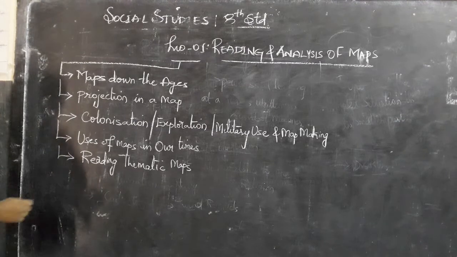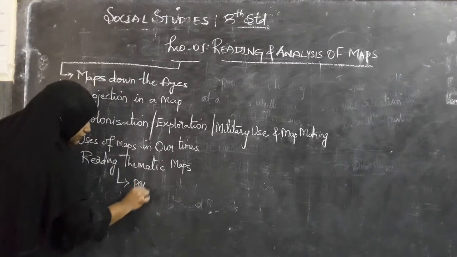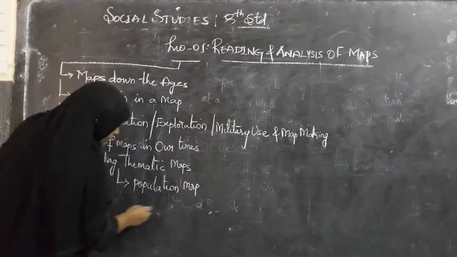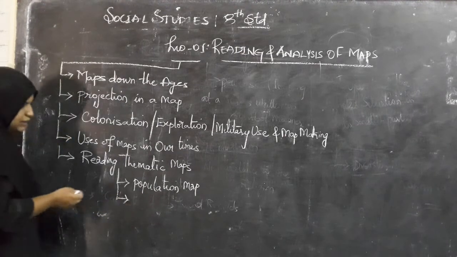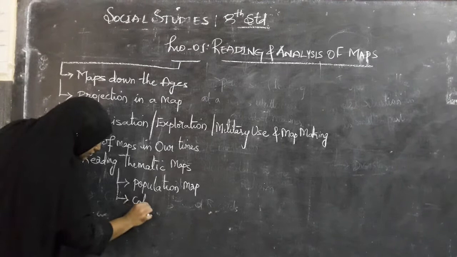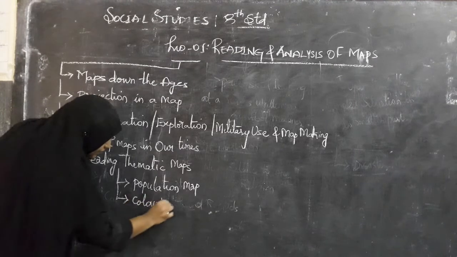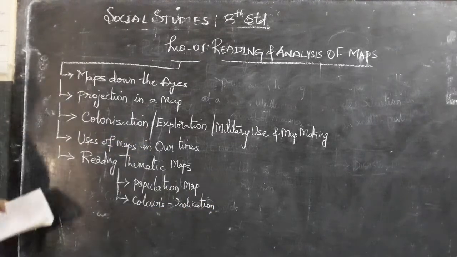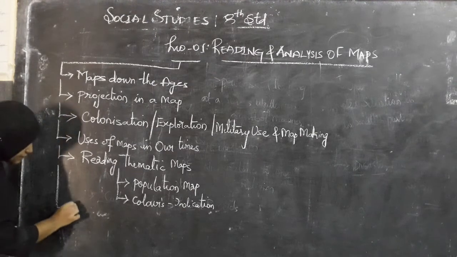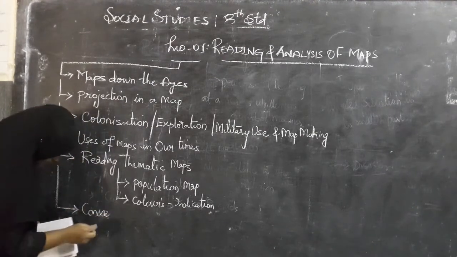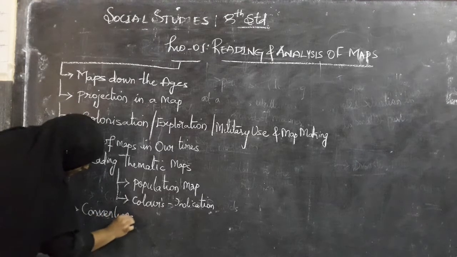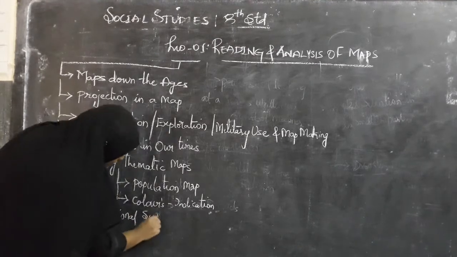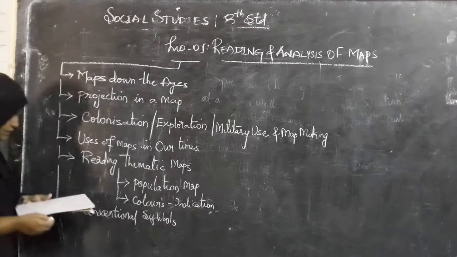Under this, we are going to deal with the population map, then color indication, and then conventional symbols.